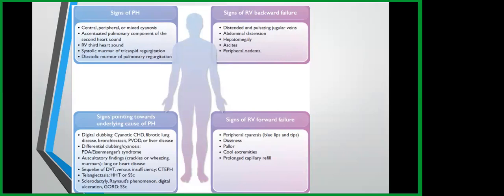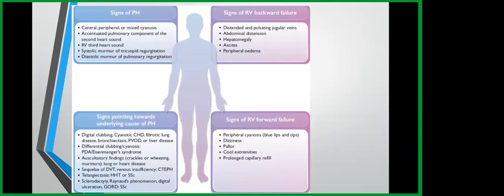Okay, so if it's from CTEPH, you can look for a DVT, unilateral leg swelling and pain. They can have scleroderma, may have telangiectasias, and others. Then they could also have signs of RV forward failure, such as peripheral cyanosis, dizziness, pallor, cold extremities, and prolonged capillary refill.